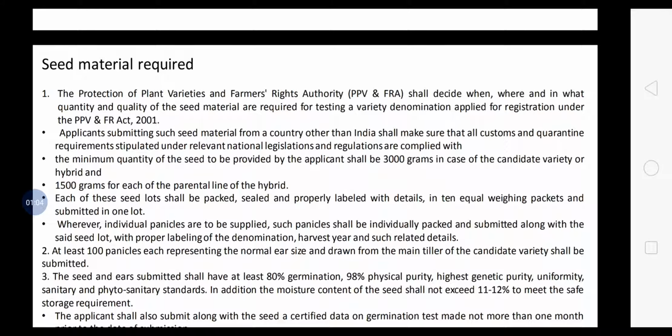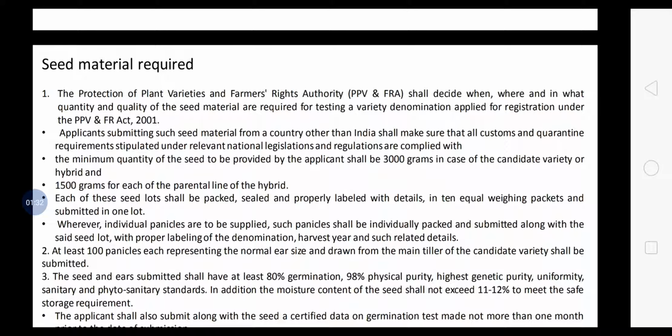The minimum quantity of seed to be provided by the applicant shall be 3000 grams in case of candidate variety or hybrid and 1500 grams of each parental line if it is hybrid. Each of these seed lots shall be packed, sealed, and properly labeled with details in 10 equal weighing packets and submitted in one lot.